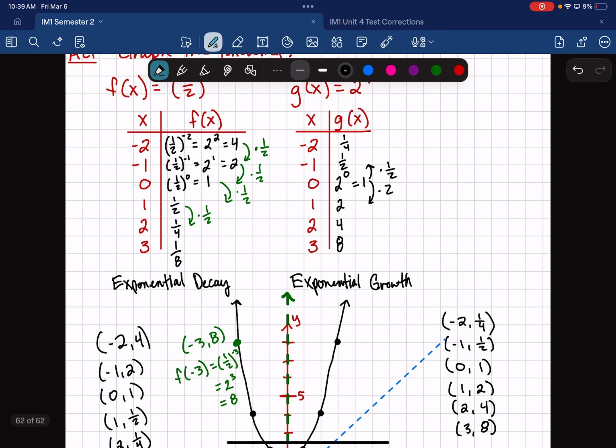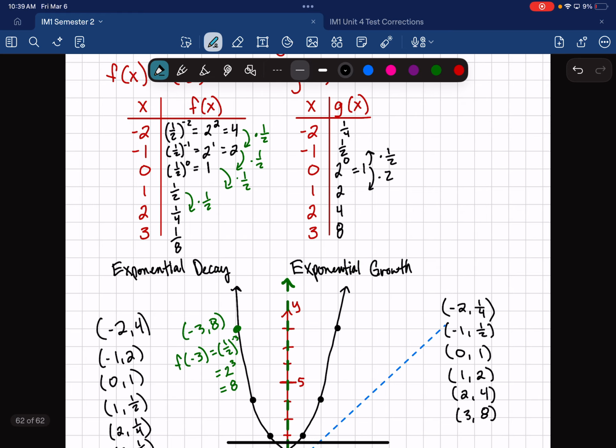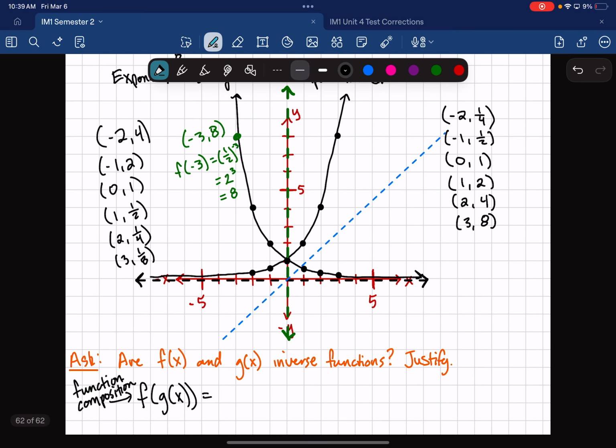So here, if I take this thing and I plug in 1/2 to the 2 to the x, does that feel like that's about to give you x out? Not at all.